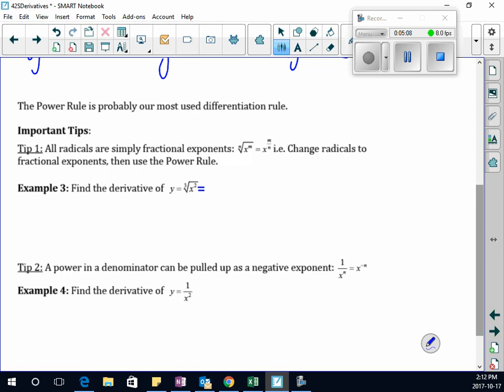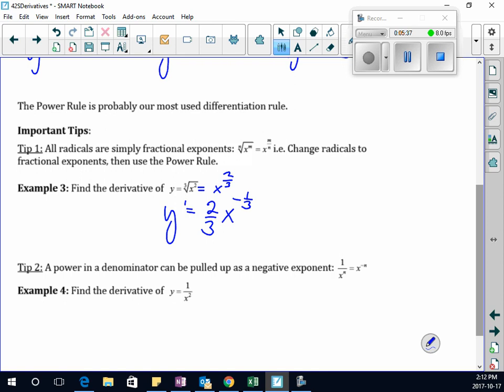Well, I would first rewrite it as x to the power 2 over 3, and then my y prime would be, the power goes in front, so it's going to be 2 over 3 x to the power, then I have to subtract 1 from the actual exponent. Negative 1/3, very good.